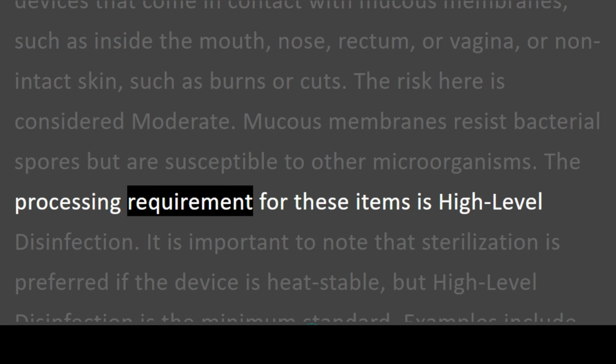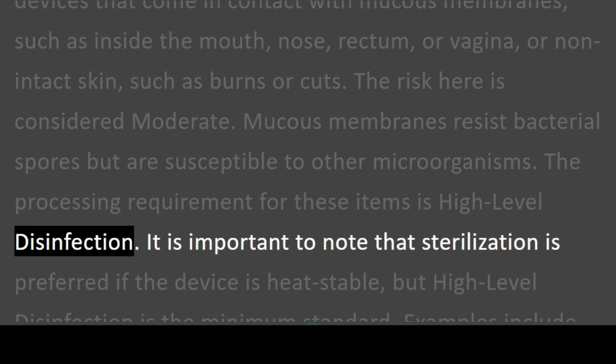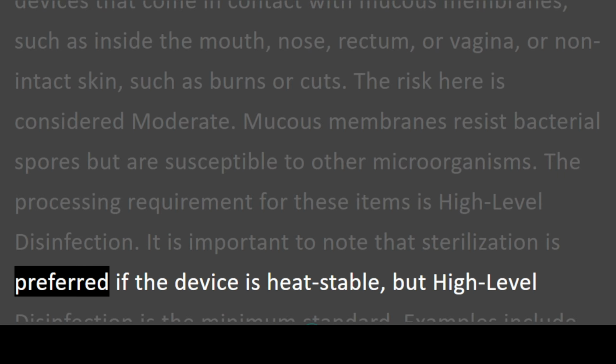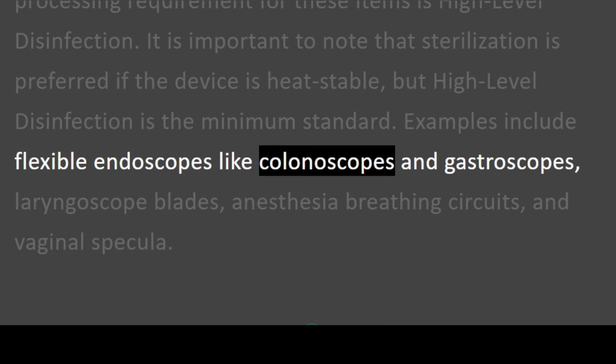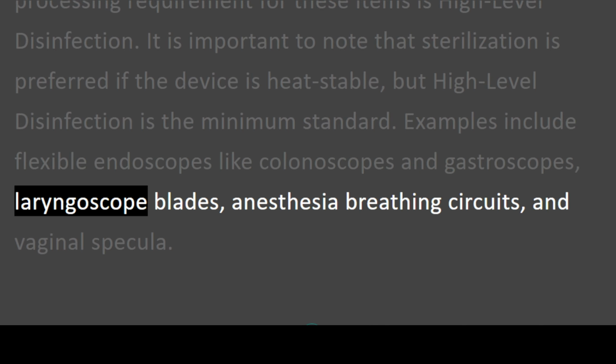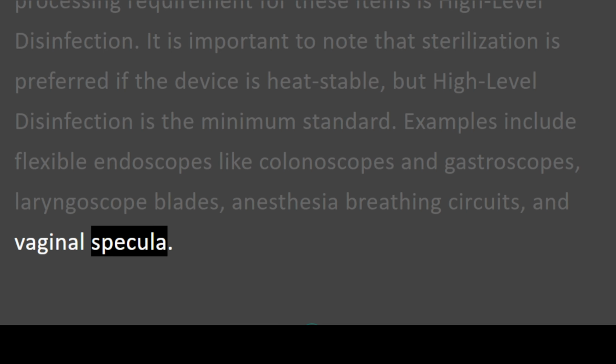The processing requirement for these items is high-level disinfection. It is important to note that sterilization is preferred if the device is heat-stable, but high-level disinfection is the minimum standard. Examples include flexible endoscopes like colonoscopes and gastroscopes, laryngoscope blades, anesthesia breathing circuits, and vaginal specula.